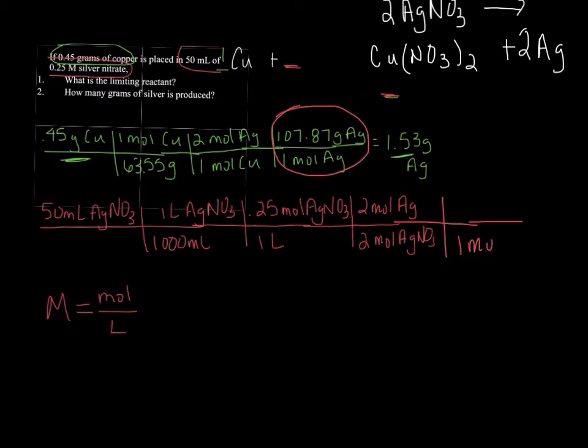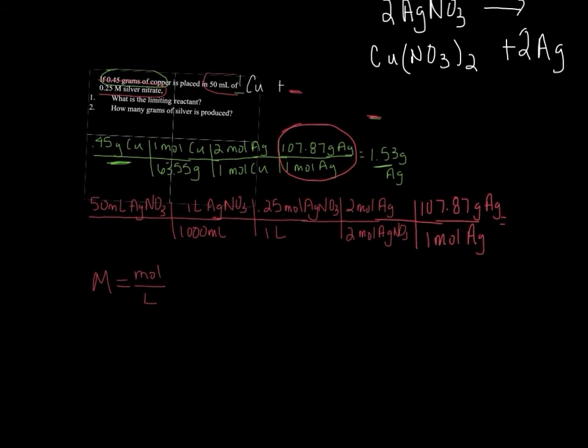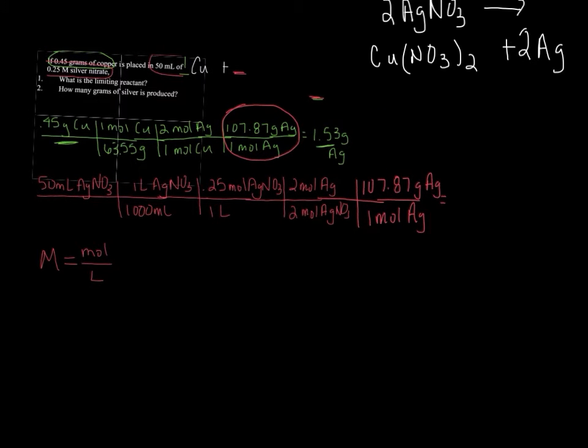So for every 1 mole of silver, I have 107.87 grams of silver. My final answer here is 1.35 grams of silver. So what this tells me is that with my 50 milliliters of silver nitrate, I can produce 1.35 grams of silver.